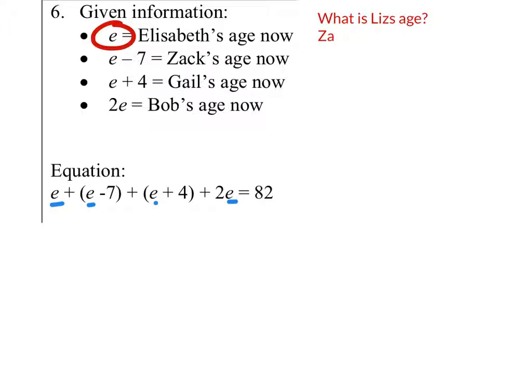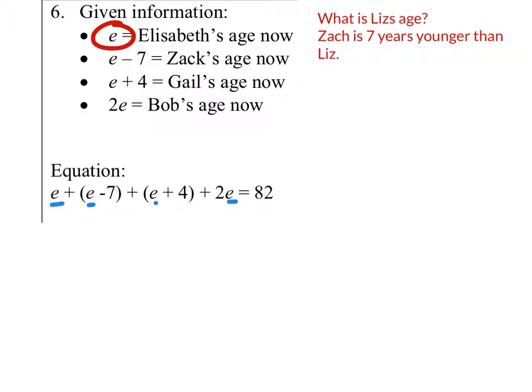Zach is E minus 7. Zach is 7 years younger than Liz. Bam.